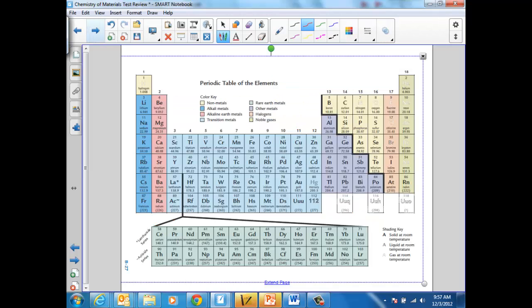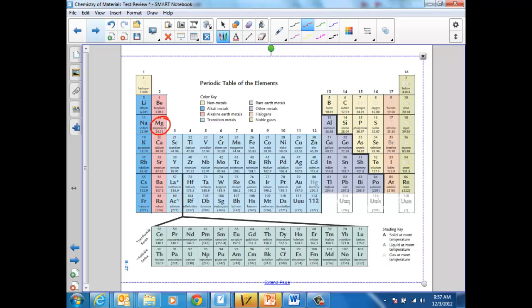Okay, periodic table of elements. You will have a periodic table of elements to look at tomorrow. So let's say I give you the element magnesium, and I say to you, what type of element is that? Jess? Alkaline earth metal. So you're going to use the chart, and you can always use a periodic table.